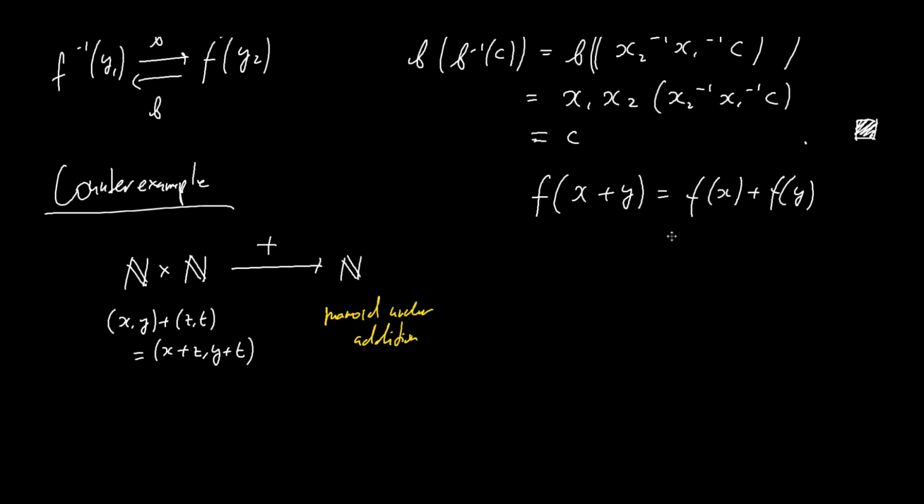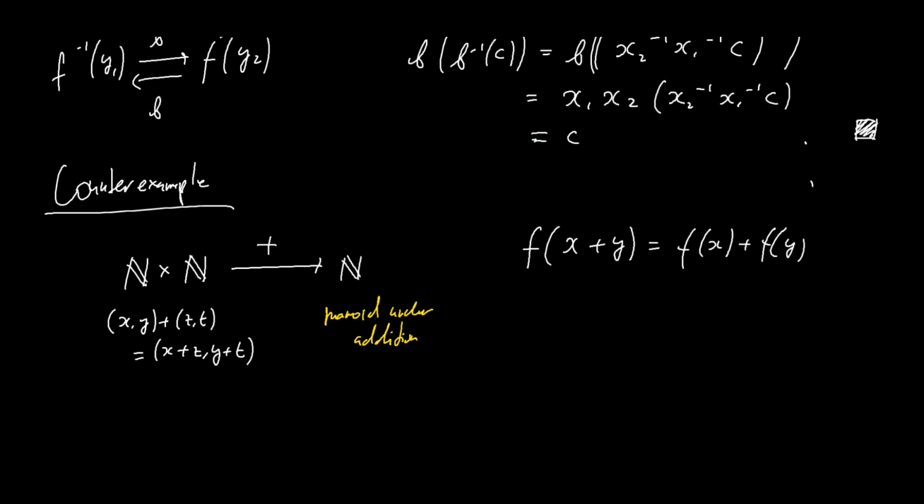But now my f is the addition itself, and x and y are pairs on this side. So it's plus applied to (x1, x2) plus (y1, y2), right? That should equal plus applied to each of these separately.